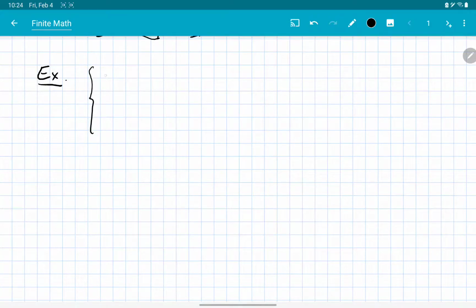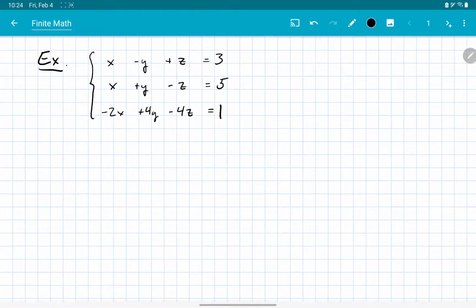This is a system of equations of x minus y plus z equals 3, x plus y minus z equals 5, and negative 2x plus 4y minus 4z equals 1. So there's my system of equations. I have 3 equations and 3 unknowns. So it becomes reasonable now to transform this into an augmented matrix and perform the Gauss-Jordan elimination to try to figure out how to solve this system. So let's do that.